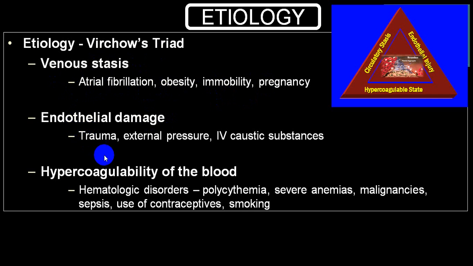And endothelial damage because of trauma, external pressure, IV caustic substances, IV fluids or IV injections, which produce endothelial damage. And there are some hypercoagulable states like polycythemia, severe anemia, certain malignancy, sepsis, oral contraceptive pills, smoking, and others.